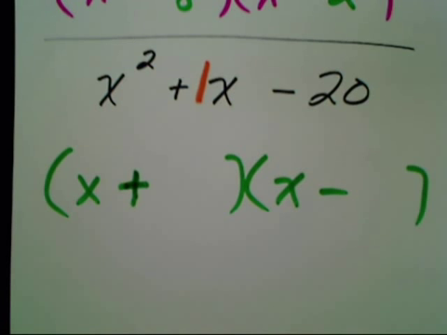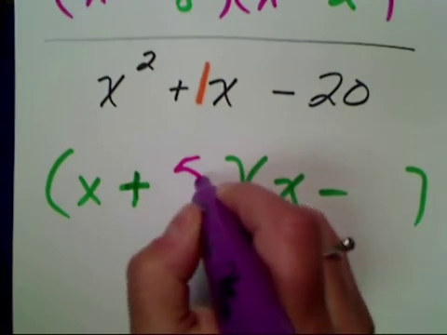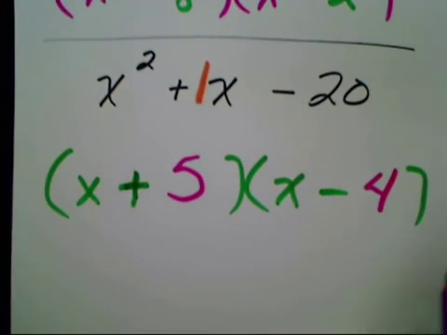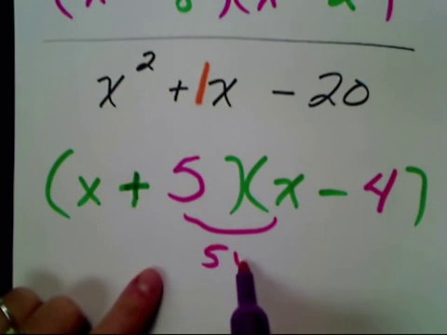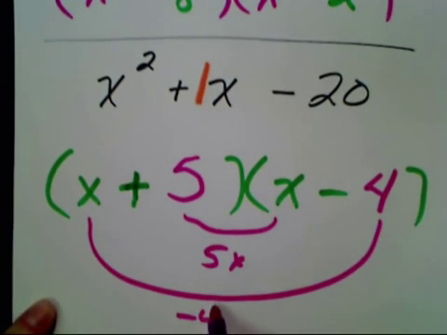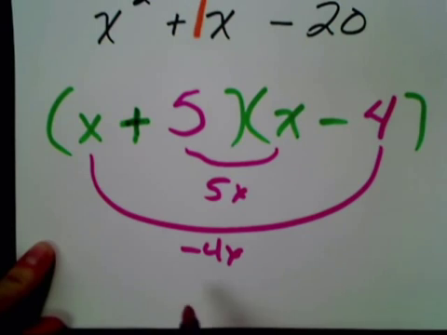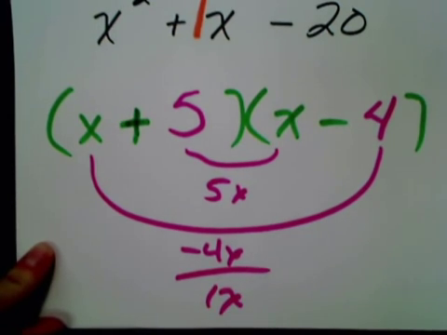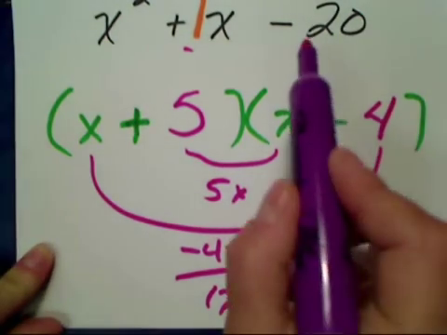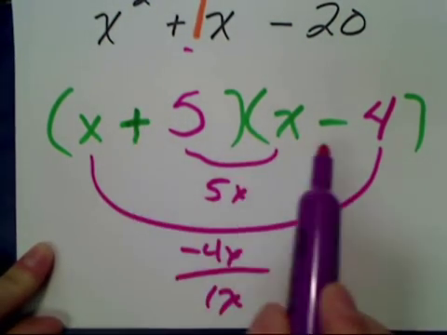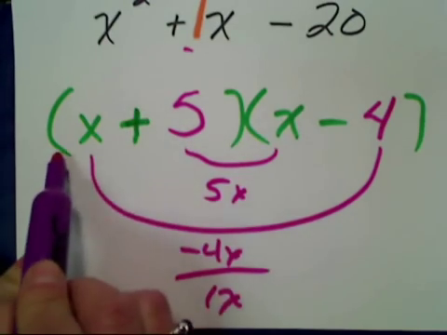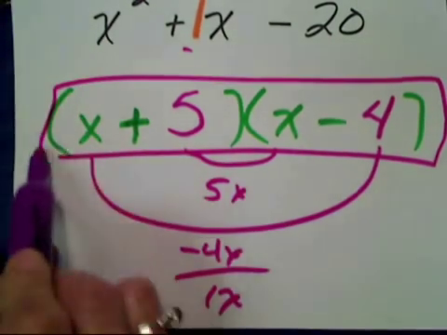I know that 5 and 4, my 5 is positive and my 4 is negative. 5x minus 4x is 1x, which is what I was looking for. So if I have a negative here, I have one of each sign, but be careful where you put your signs to get your final answer.